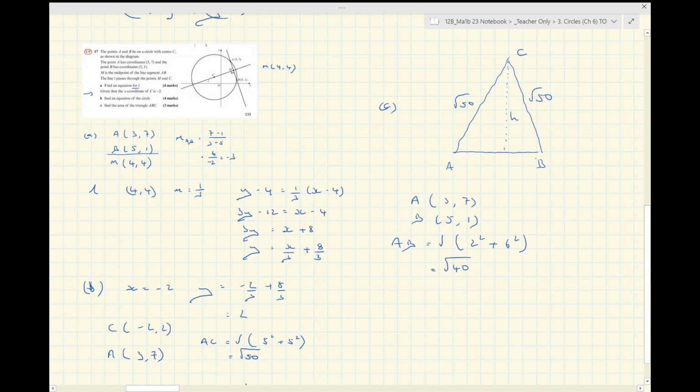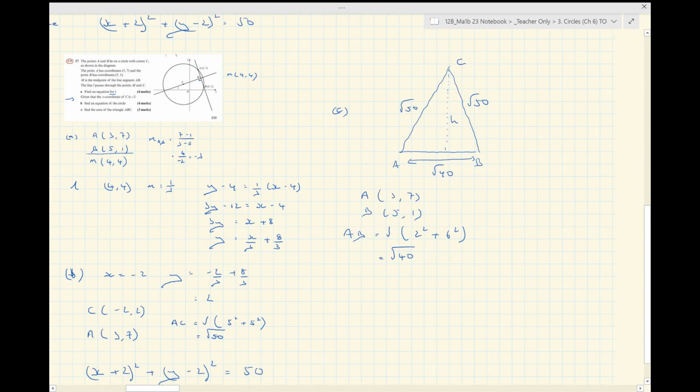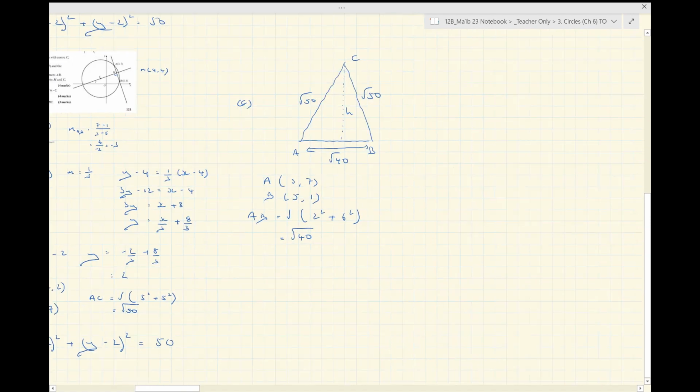So AB is the square root of 40. So finding the height of this triangle then, the height of the triangle is going to be the square root of root 50 squared minus root 40 over 2, that's the length of the base of my right angle triangle, squared.